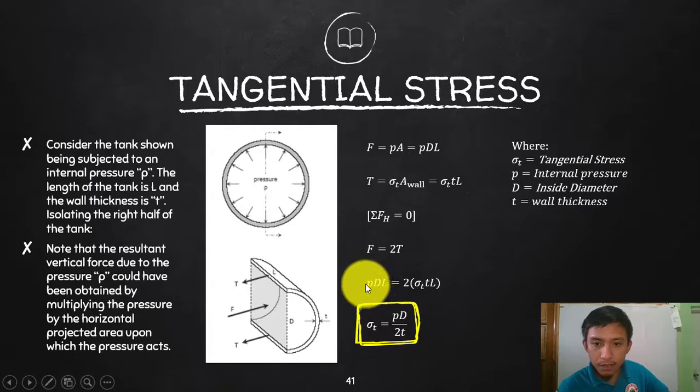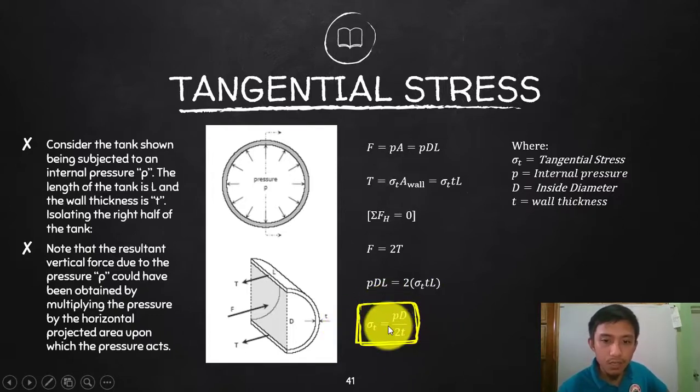You will end up with pressure P times D, the inside diameter, divided by twice T. T is the wall thickness. So that is our sigma T. In case you forgot this formula, you can always derive it using this figure, wherein the force being handled is the equivalent force F. Convert the pressure found here into a concentrated load, and divide it by 2.